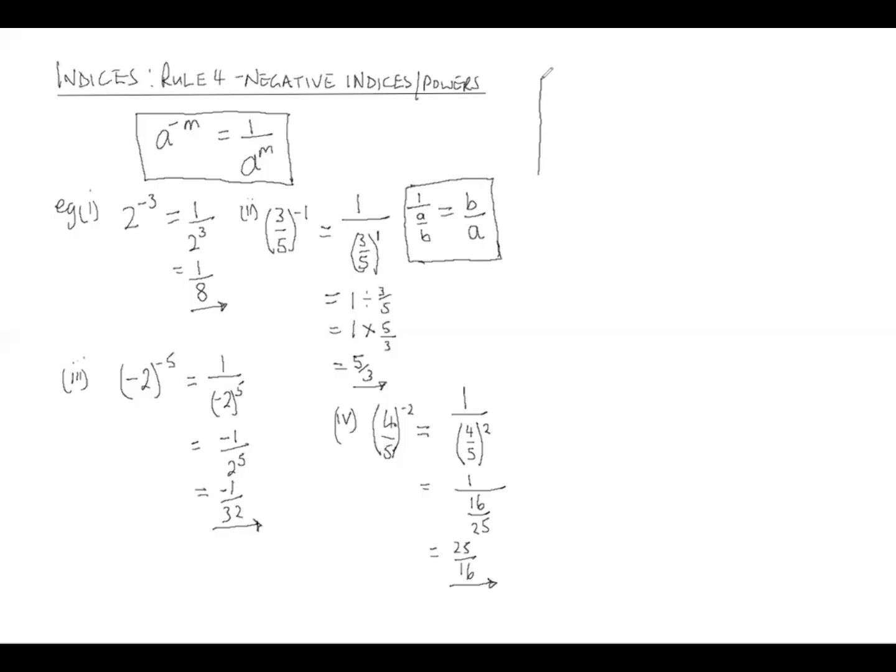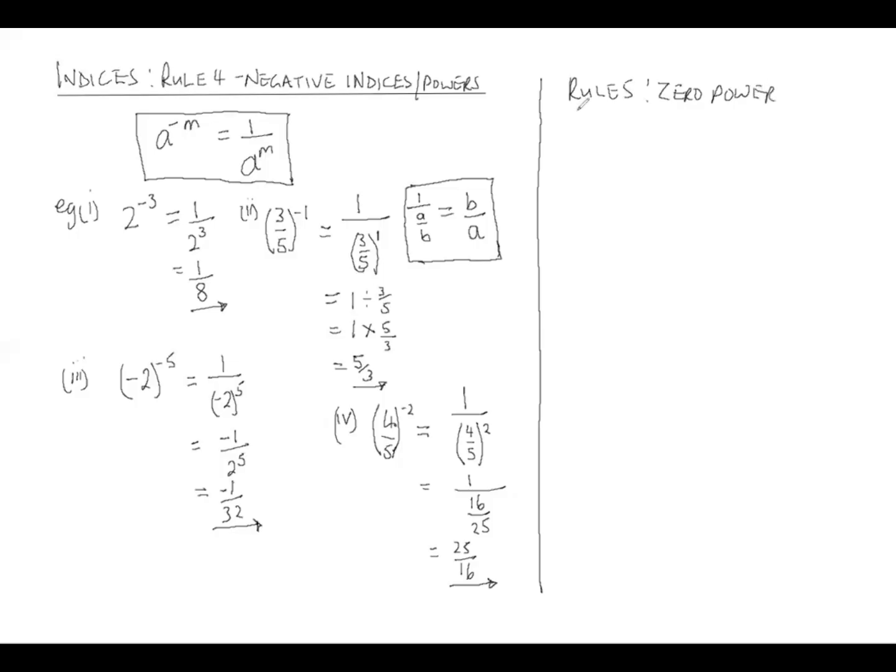Now the last rule is a very simple rule, which is our rule number 5. The name of rule number 5 is the rule where we have a 0 power, or 0 index.